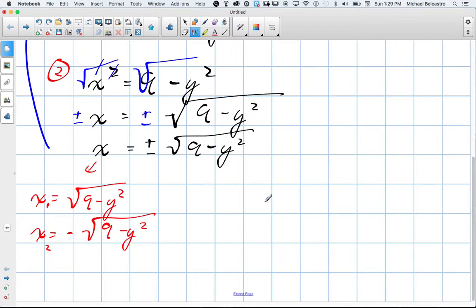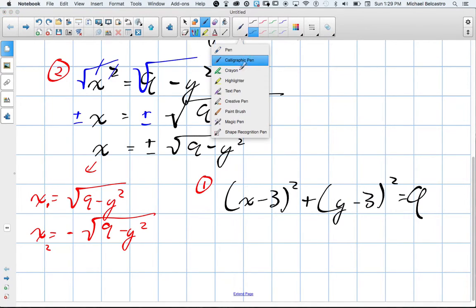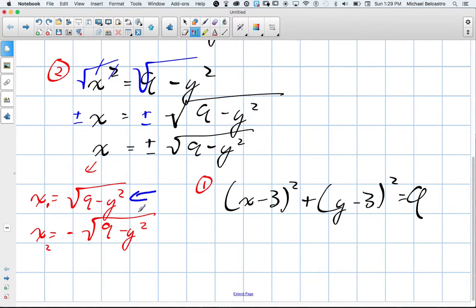I'm going to bring down that first equation on the right, our very first equation. It said that (x minus 3) squared plus (y minus 3) squared was equal to 9. So what we're going to do here is plug in the first situation, when x is equal to the square root of 9 minus y squared. In other words, we're replacing this x value with this root here.